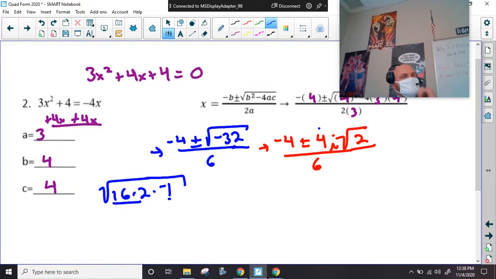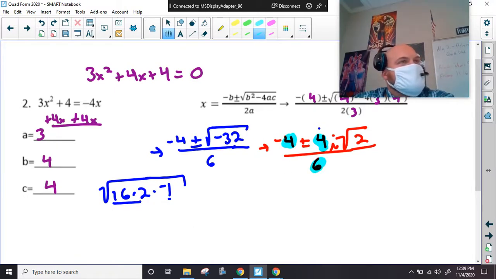Now, let's look at this. I want to highlight something that you kind of need to look at. What do we notice about these numbers right here, other than them being red and highlighted in teal? They're even numbers. So what can you factor out of an even number? What divides all even numbers? 2.